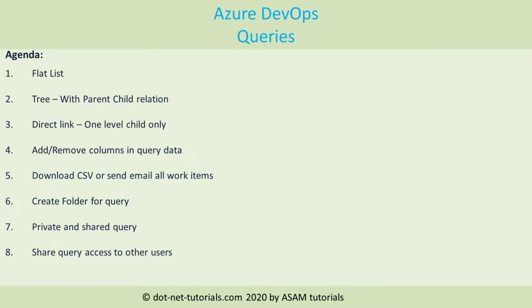The seventh agenda is I'll show you how to create private and shared queries. Private means it is only for the resource who created it. No one else can access your query. But once you create a shared query, it will be available for other users also.